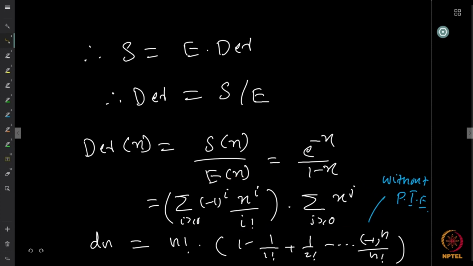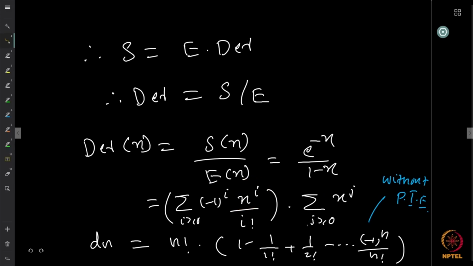You are looking at the coefficient of x raised to n by n factorial, that is n factorial times the terms which contribute to x raised to n. I have to take some element from here and the remaining from there, so that j plus i must be equal to n.